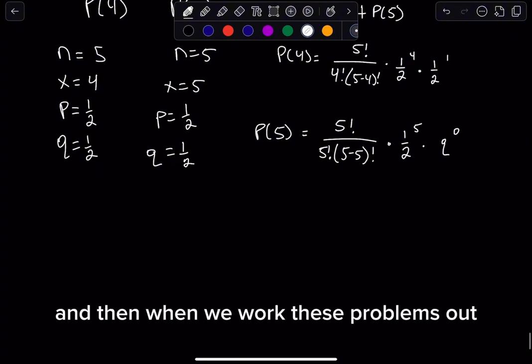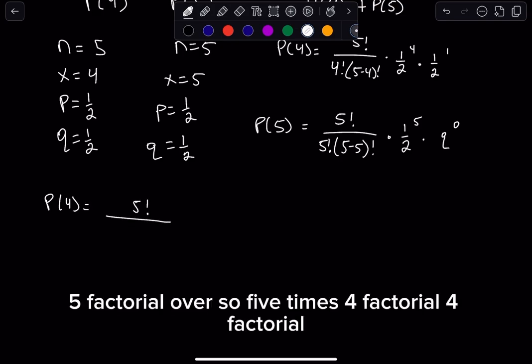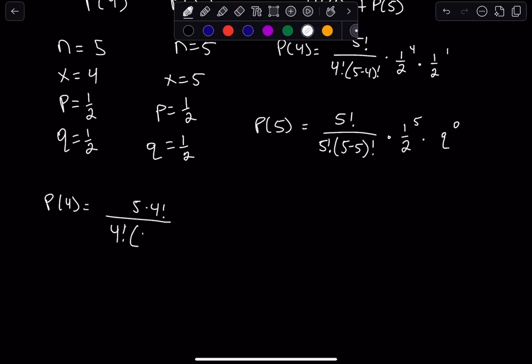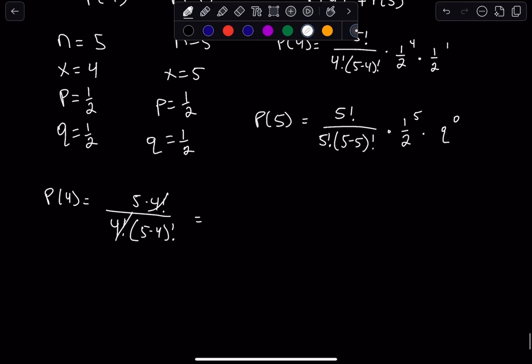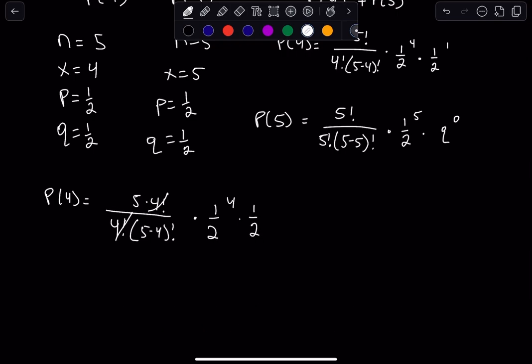And then when we work these problems out, P of 4 is going to be 5 factorial over, so 5 times 4 factorial, 4 factorial. These cancel out. Times 1 over 2 to the 4, times 1.